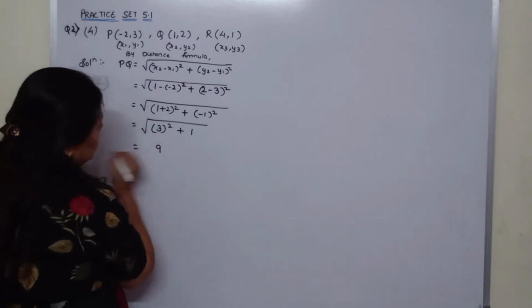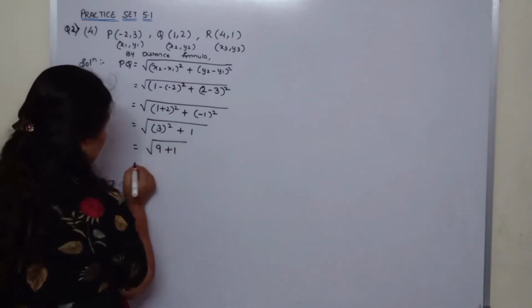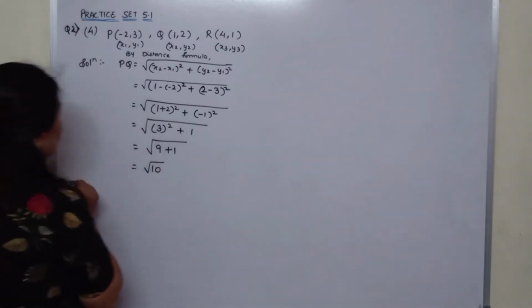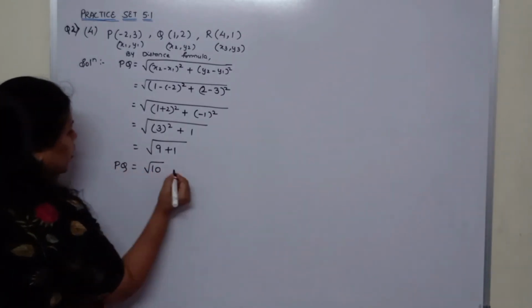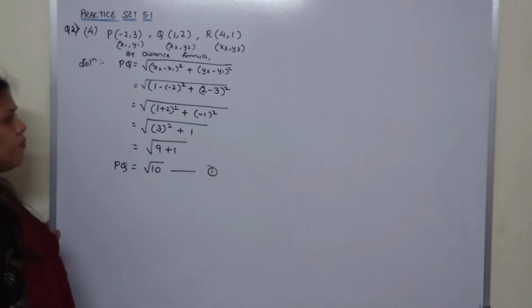So we will be getting 3 3s are 9 plus 1, that is equal to under root 10. PQ equals under root 10, that is our equation 1.